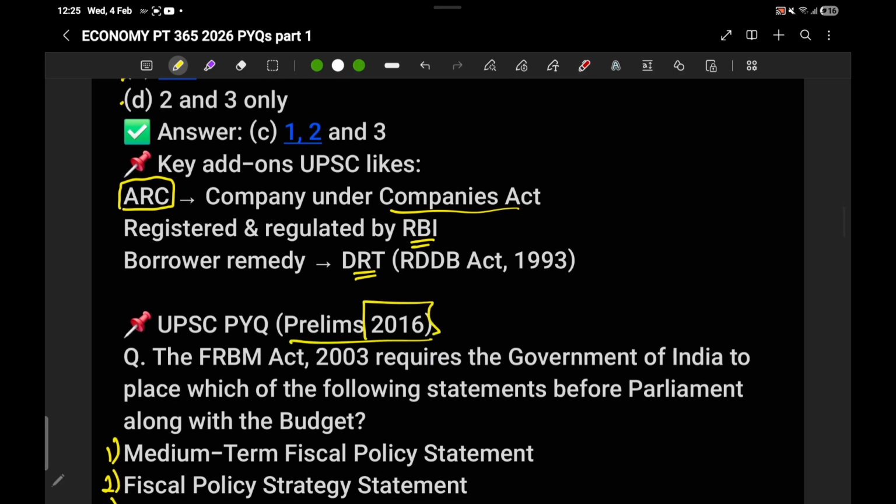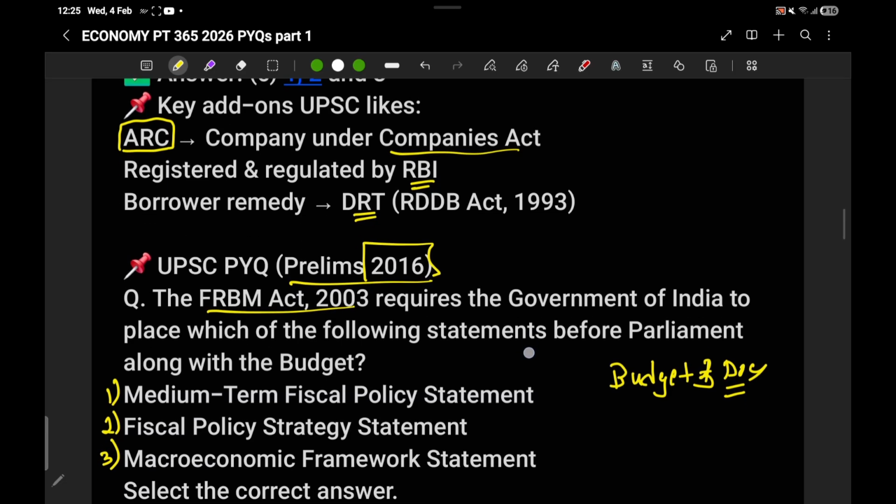Prelims 2016. Okay, the FRBM Act 2003 requires the Government of India to place which of the following statements before Parliament along with the budget. Budget will be placed before the Parliament, right? Along with that, 3 documents have to be placed before them, which was mandated by the FRBM Act.